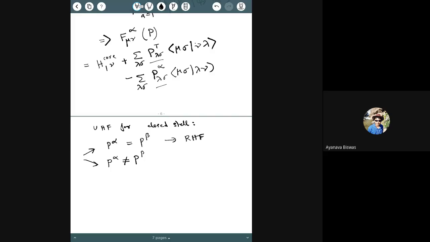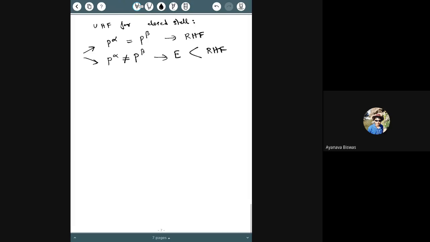What we do know is that if P alpha is not equal to P beta, and that somehow turns out to be the solution with minimum energy, then this has an energy which is lower than the Hartree-Fock energy. And this is sometimes called the symmetry broken solution.